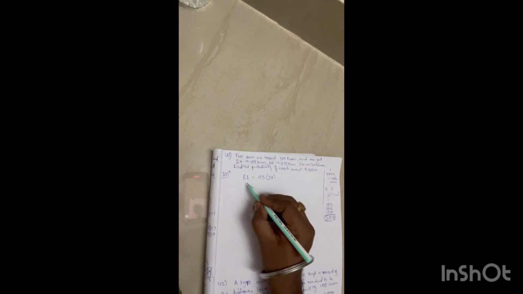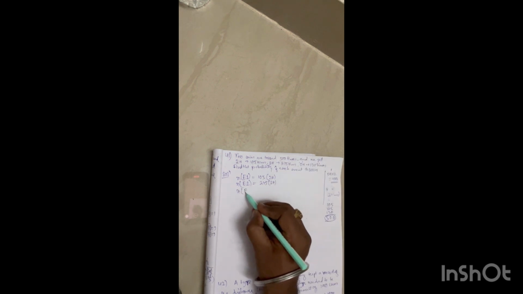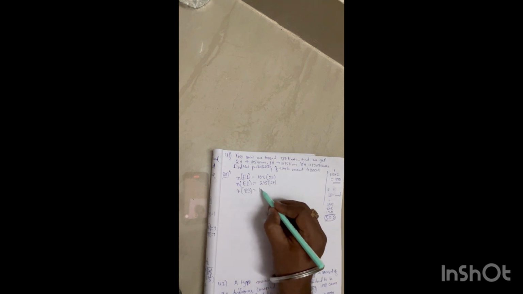Now I consider 3 events with 3 names: E1 is the event where 2 heads are achieved, 105 times; E2 is where 1 head is achieved, 275 times; and E3 is where 120 times you get 0 heads.